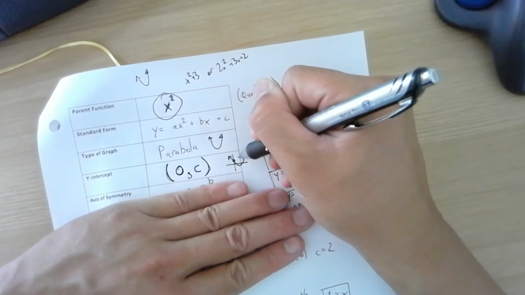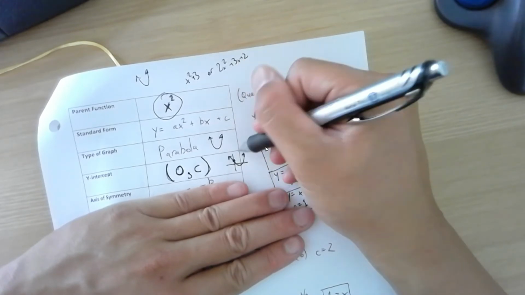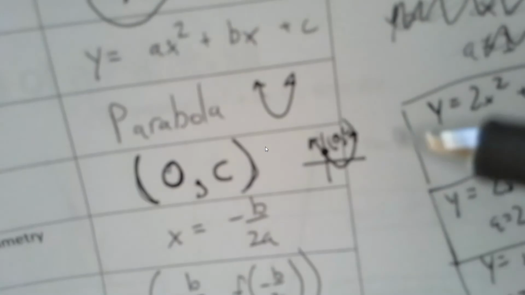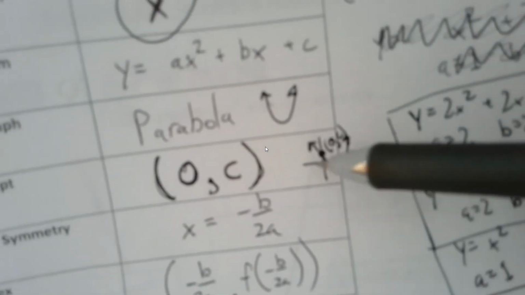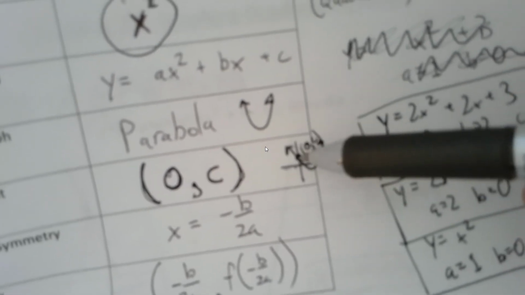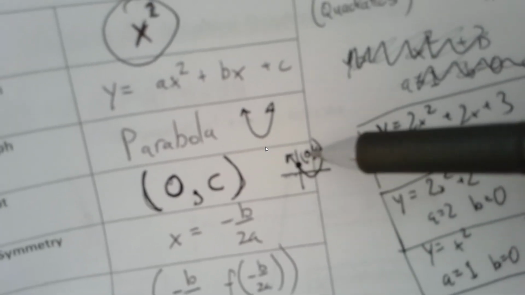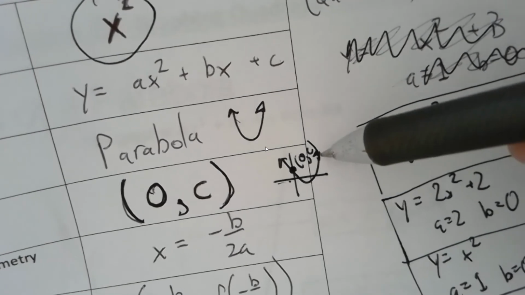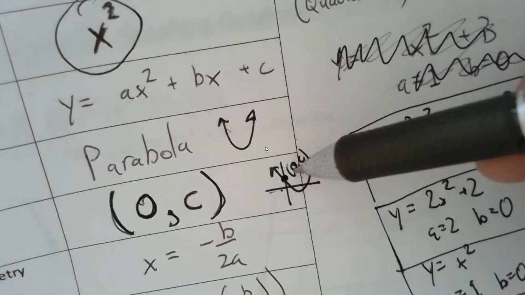If you look at your c value, that ends up being the coordinate. I know it's hard to see, but there's the axis here. Your parabola crosses the y-axis at 0, c.